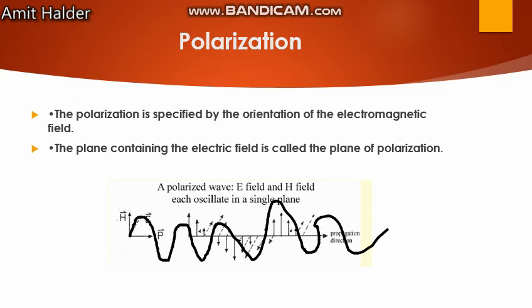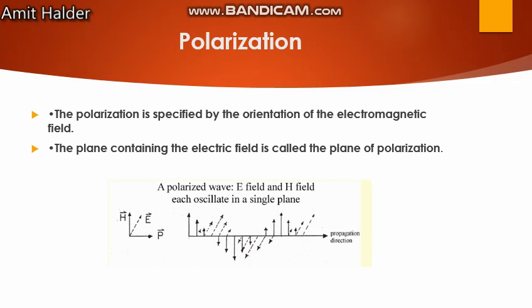Okay, when there is an electric field in that direction, the polarization will come beyond this, that means the direction of propagation, both things. The plane containing the electric field is known as polarization.